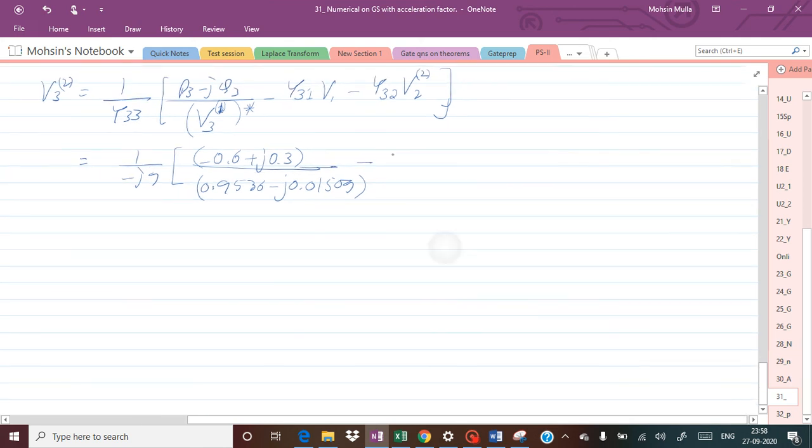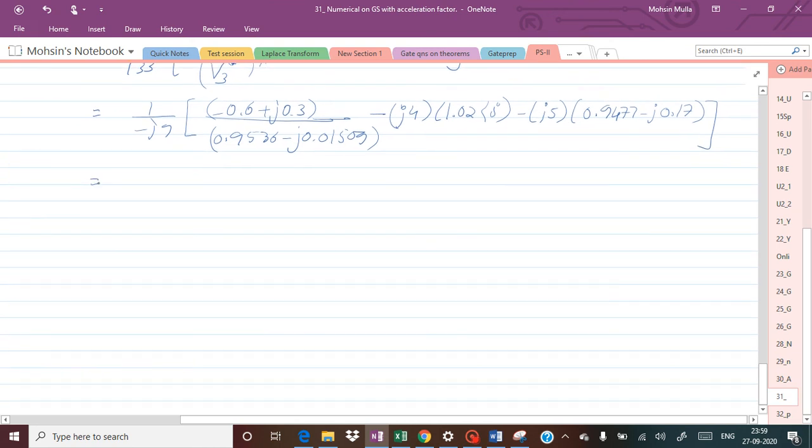minus y31 is j4, V1 is the fixed value 1.0 at an angle of 0, minus y32 is j5, and V2 of 2 is 0.9477 minus j0.17.